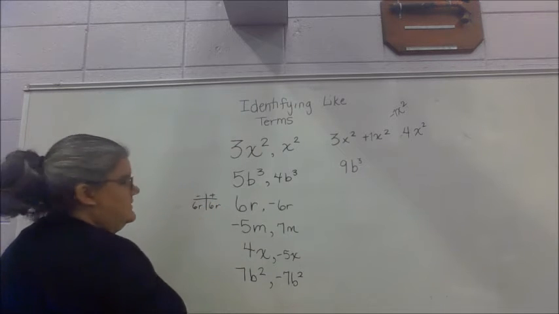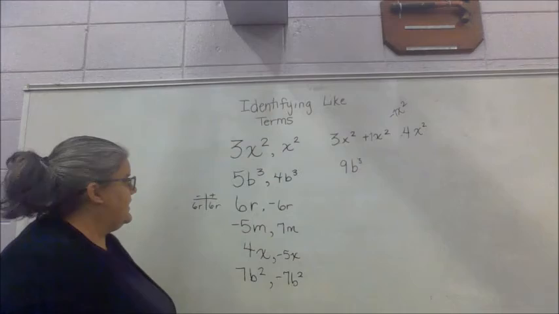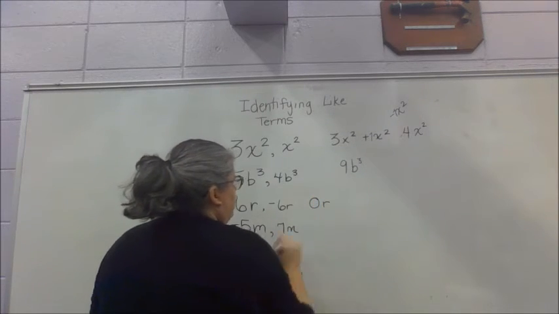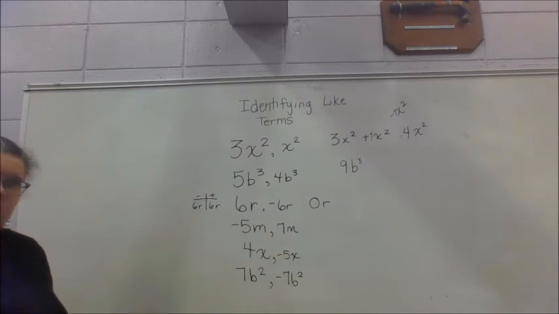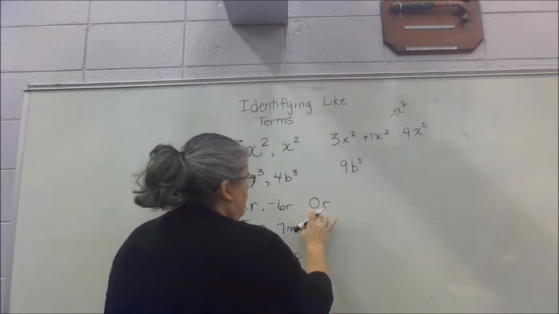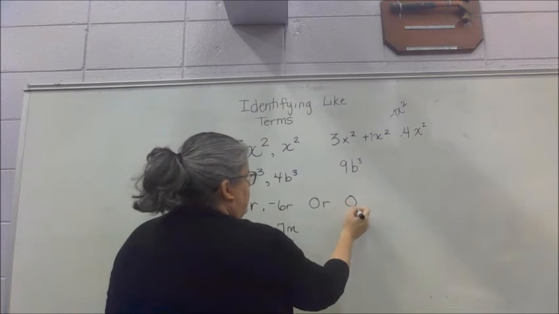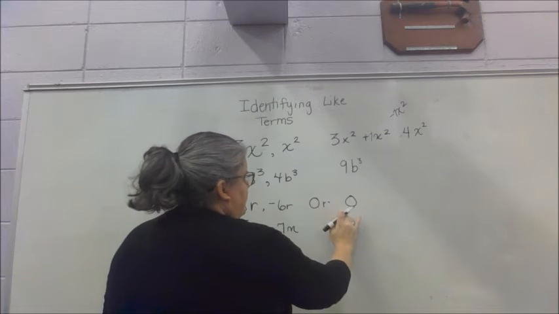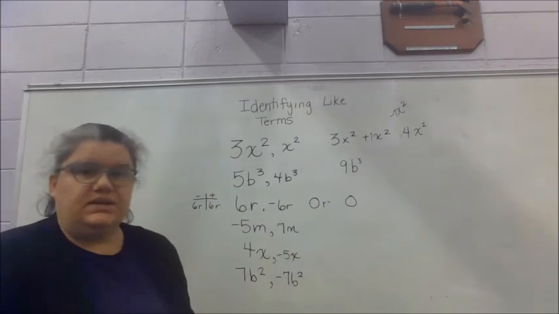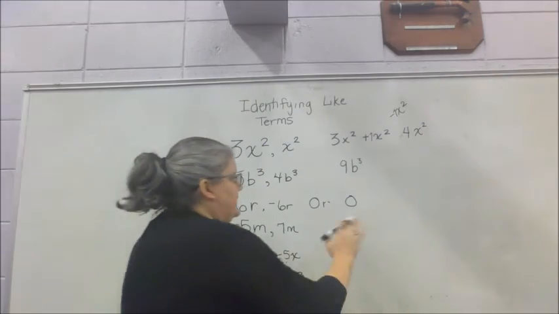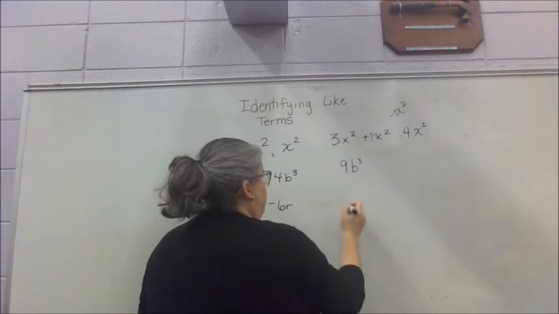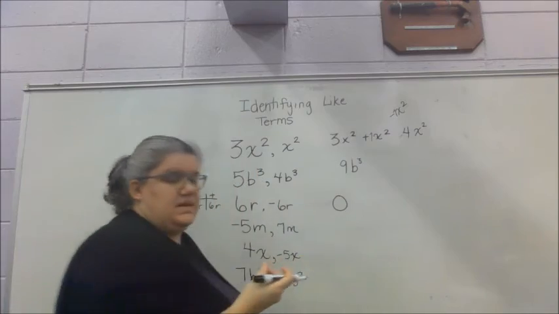We know that since these are different signs, we subtract and we get 0r. But the actual simplified version of this, we know that anything times 0 is 0. So this would be the simplified version, or if this were in an expression that we're simplifying, we just would leave it blank completely, that this one is equal to nothing, but for this purposes, let's say that it's 0.